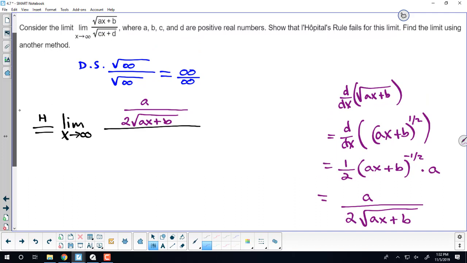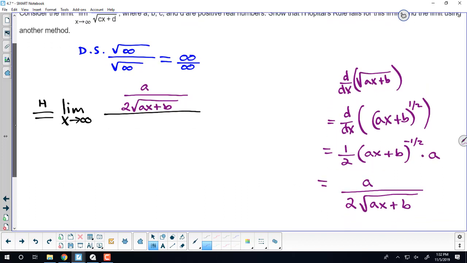And you've got a similar situation for the bottom, the derivative of the denominator: c over 2 times the square root of cx plus d. So that's L'Hopital's rule, the derivative of the numerator divided by the derivative of the denominator. Then we simplify the result.